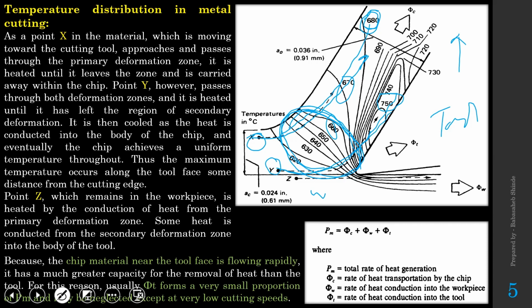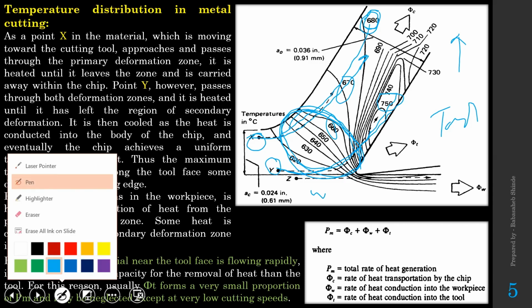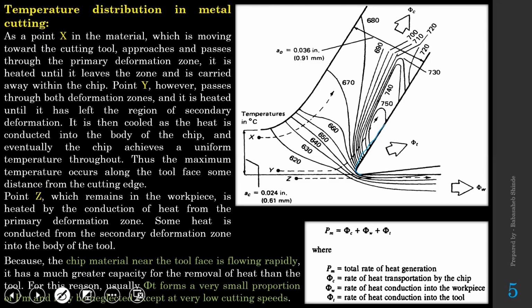And that's why, at a certain distance from the cutting tool edge along the rake face, you will get the maximum temperature. If you observe this gauge, the maximum temperature is over here. Why? Because when material reaches this point, it passes through the primary as well as the secondary deformation zone.